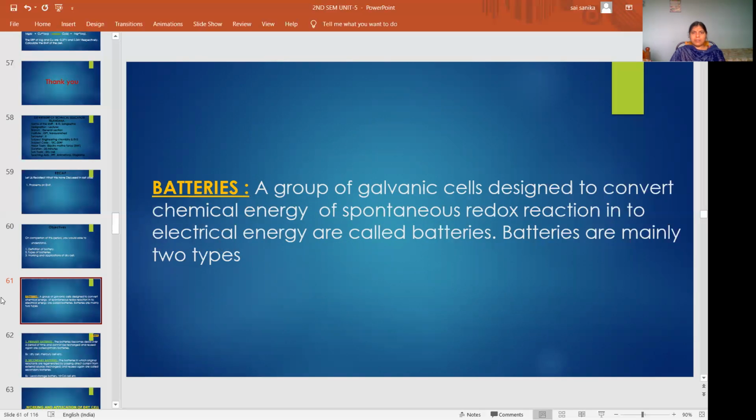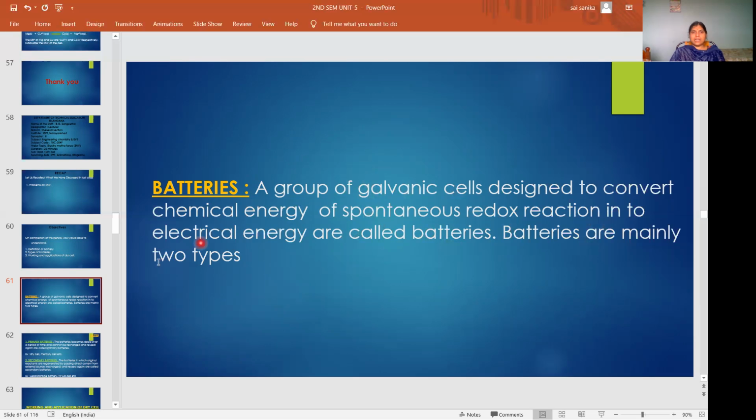Due to the spontaneous redox reaction, chemical energy is converted into electrical energy. A group of galvanic cells is nothing but a battery.